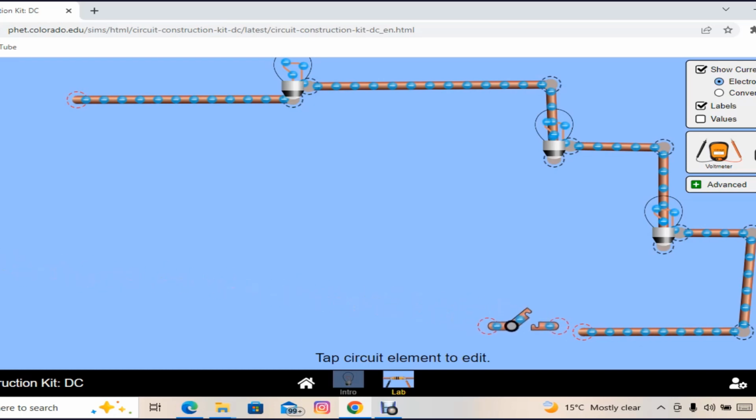And now we are going to add our switch, which will be like our main generator. As we all know, electricity needs a power source, so our battery will be our main power source in this instance.